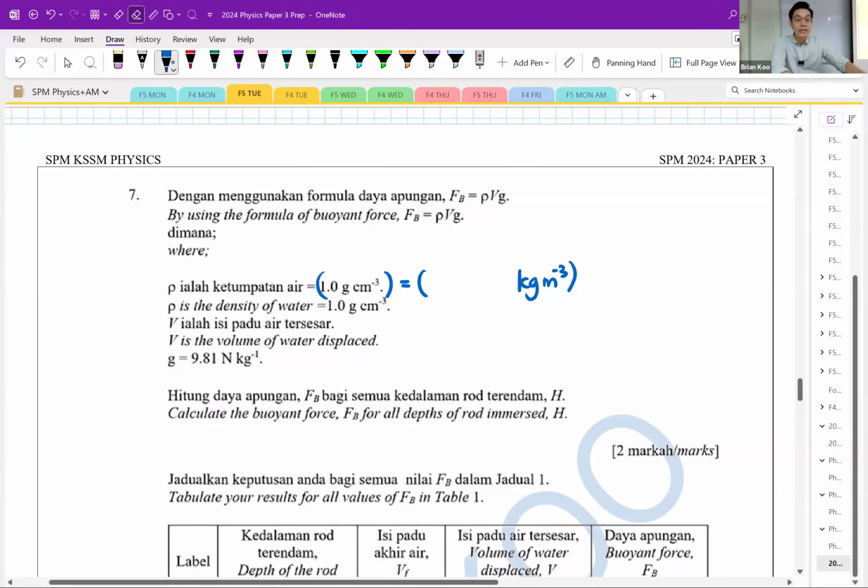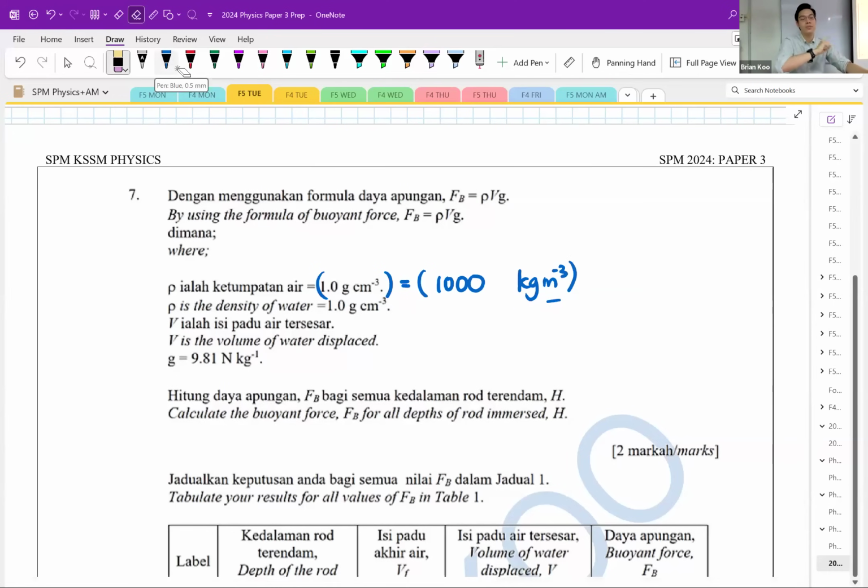It is 1,000. You might think, hey teacher, why is it so big if it's kg per meter cubed? Yeah, it is very big because you divide by meter cubed. Okay, so 1 gram per cm cubed is the same thing as 1,000 kg per meter cubed.